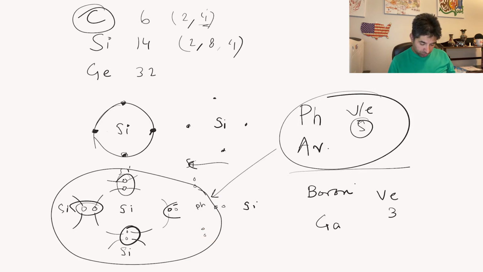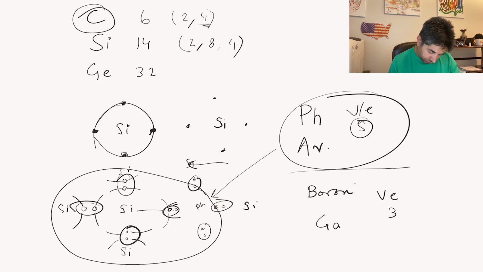So 4 of those make a bond with an adjacent silicon, this one with another atom from this neighboring silicon, and this one there. So it has these 1, 2, 3, 4, and each makes a covalent bond with another silicon atom.